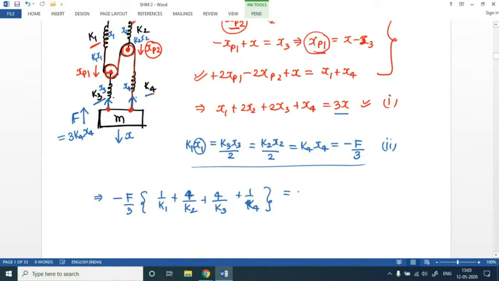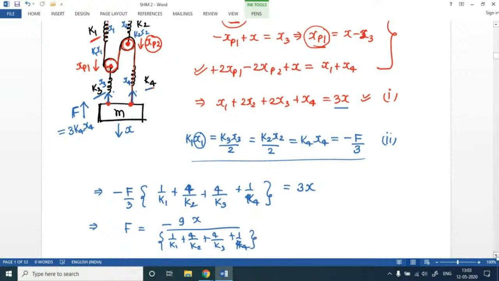So you should clearly understand, F is equal to minus 9 upon (1 by k1 plus 4 by k2 plus 4 by k3 plus 1 by k4) into x, obviously.